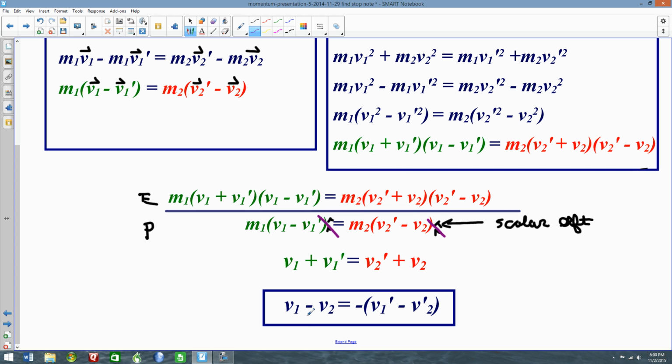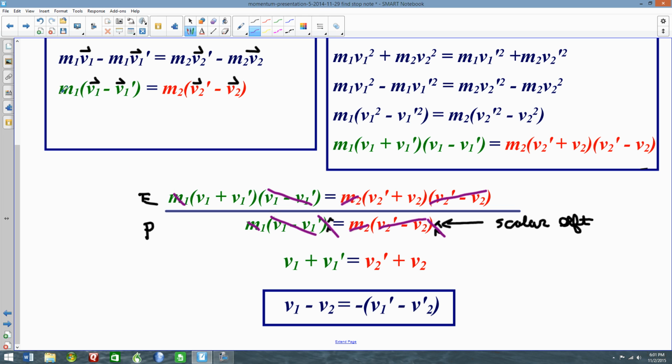So you end up with v1 minus v2 is equal to negative (v1 prime minus v2 prime). Okay, and that's because we can cross this one out with this one, and this gets crossed out with this, and we can cross out this term and this term and this term and this term.